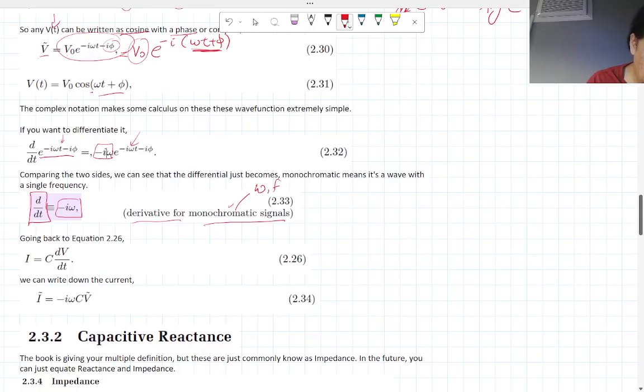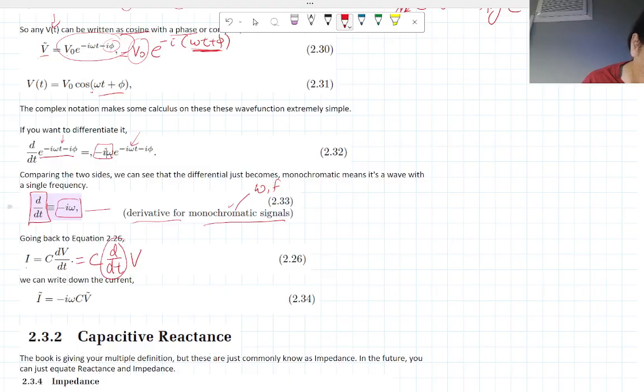So if we take this to our capacitor equation, where the current is equal to the capacitance times the time-changing voltage, what happens is that this is basically equal to, well, the I stays the same. The differential of the voltage, I'm going to write this separately for now.